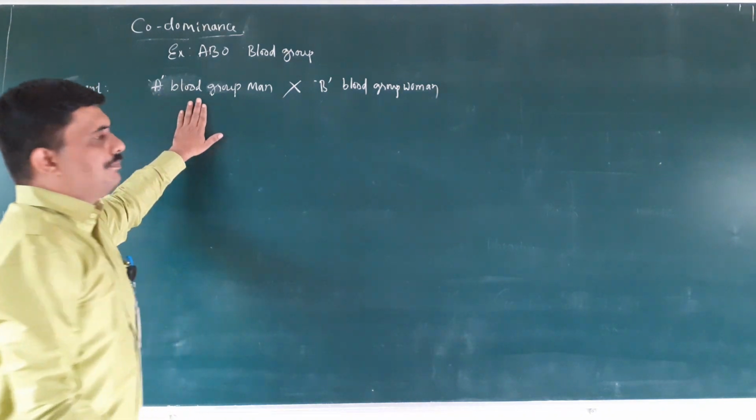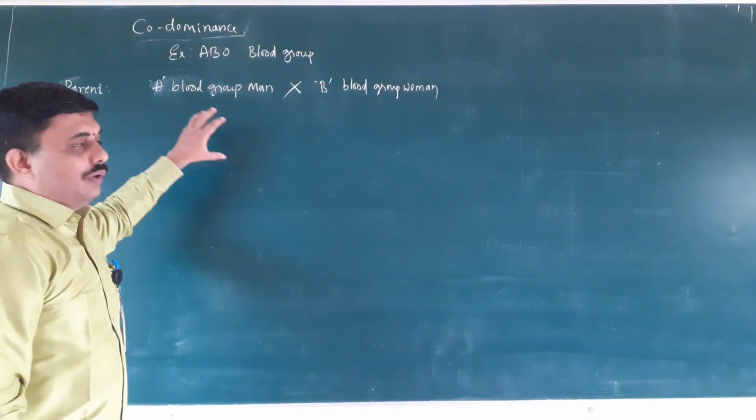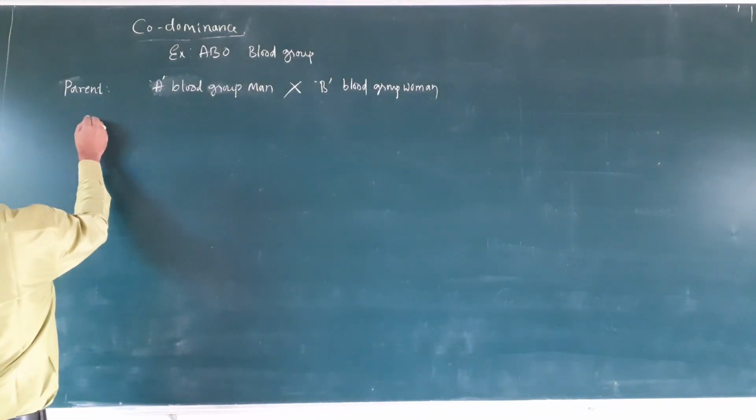What kind of offspring they develop is called codominance.